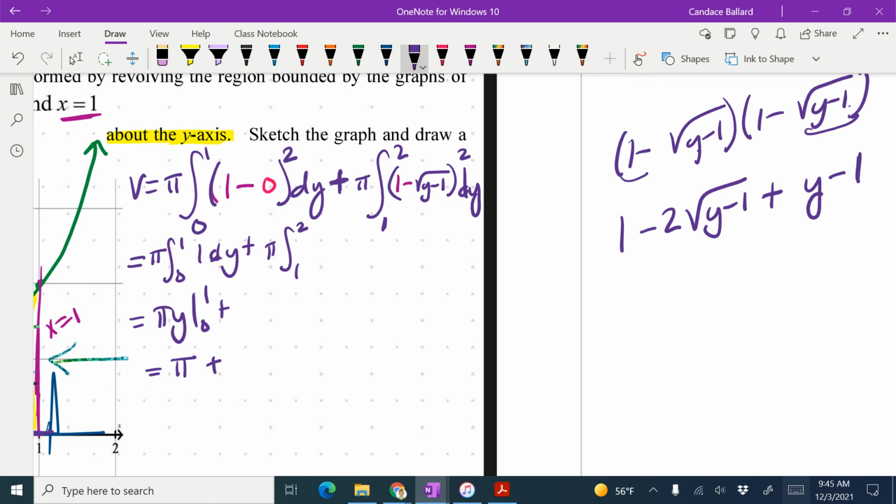Can I simplify that at all? Yeah, the ones that get to cancel. So what I really have is y minus 2 square root of y minus 1. You don't necessarily have to rewrite it there. So I'm going to put that in over here. So y minus 2 square root of y minus 1 dy.